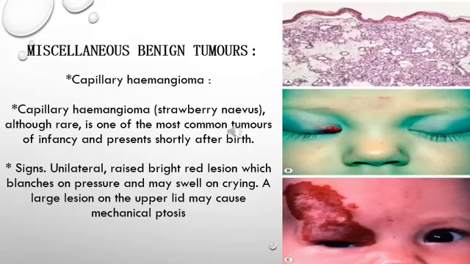Miscellaneous benign tumors of the eyelid: we'll talk first about capillary hemangioma, then cavernous hemangioma. Capillary hemangioma, which is known as strawberry nevus, although rare, is one of the most common tumors of infancy and presents shortly after birth. The female to male ratio is 3:1.